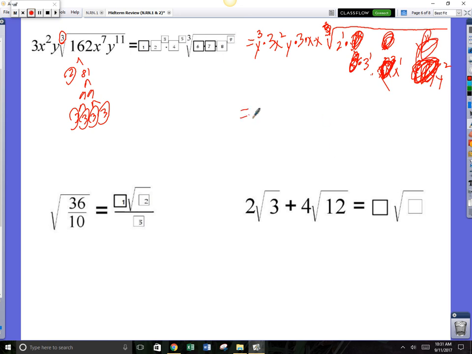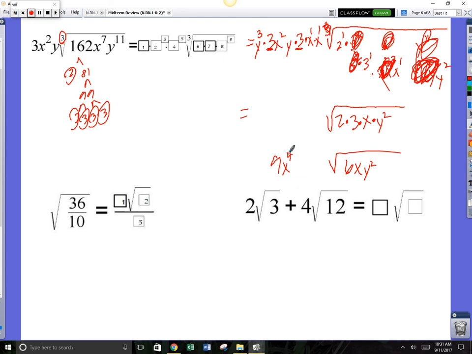So here we go. Everything you got left over on the inside, you've got a 2 times a 3 times a x times a y squared, and times those together. So you should have a 6 times a x times a y squared. And on the outside, times your numbers, 3 times 3, and that's a 9. Then let's figure out how many x's we got. I got 2 here, I got 1 here, and 1 here. So if I add them all up, 2 plus 1 plus 1, I should have 4 x's.